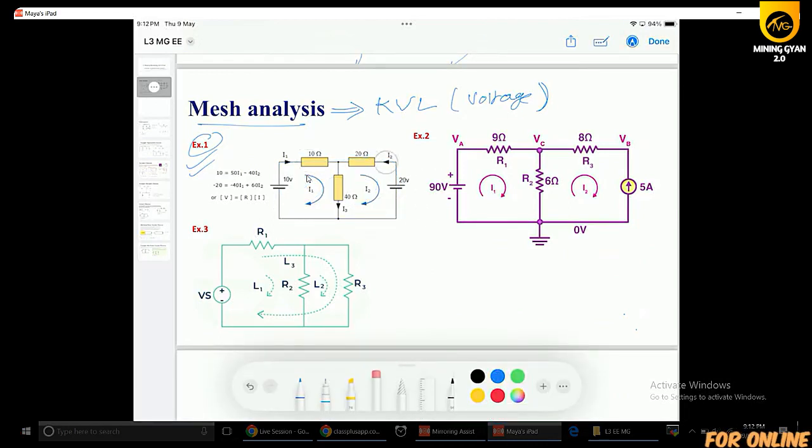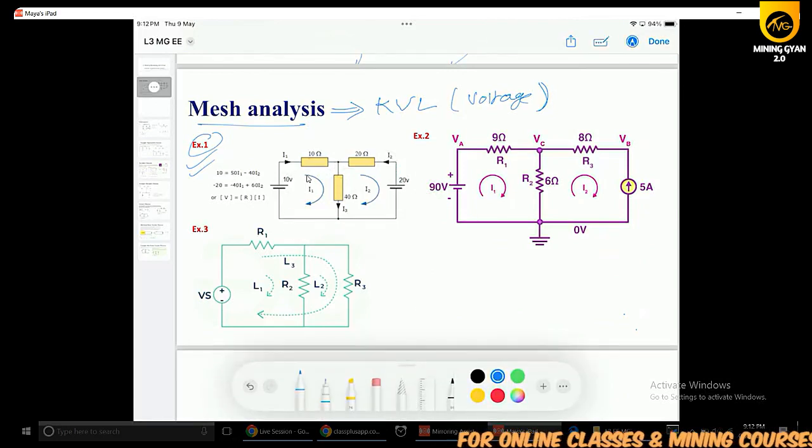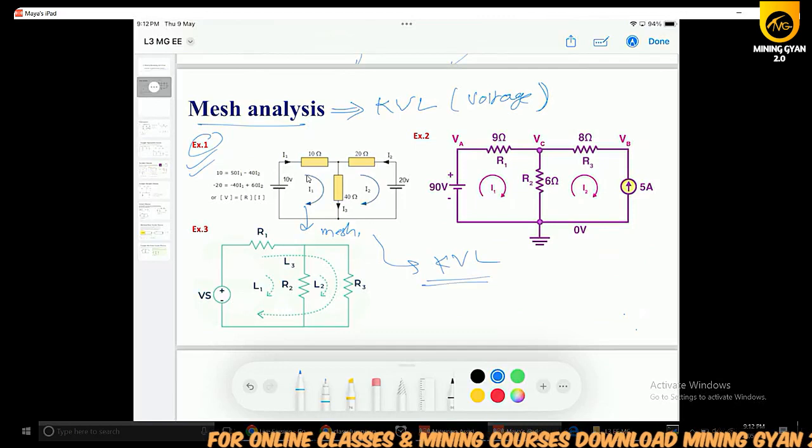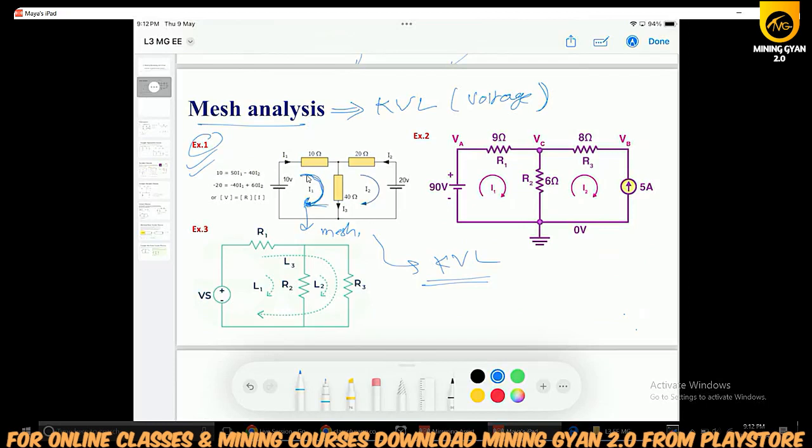So how to apply KVL? Let us take mesh number 1. In mesh number 1, we apply our KVL equation. First we go around the loop. If current is flowing in this direction, there will be a voltage drop across this element, and a voltage drop across this element.